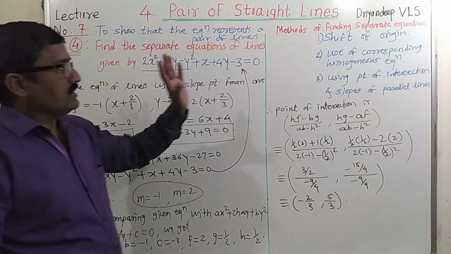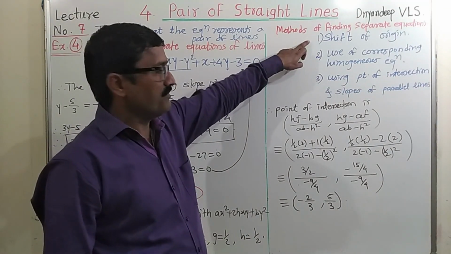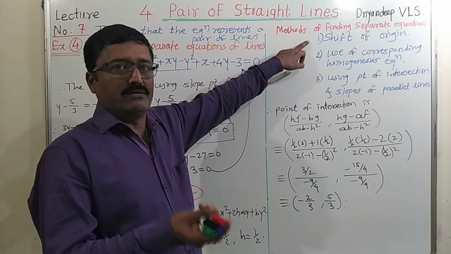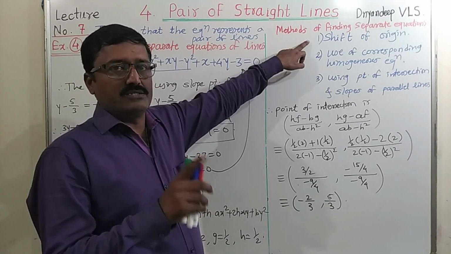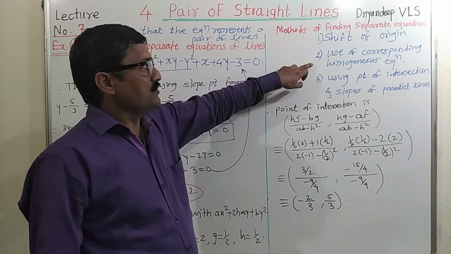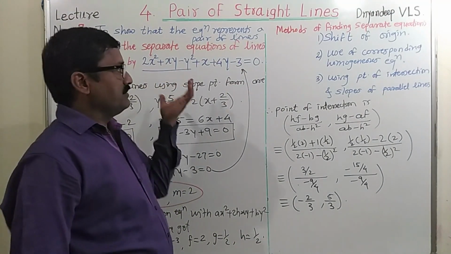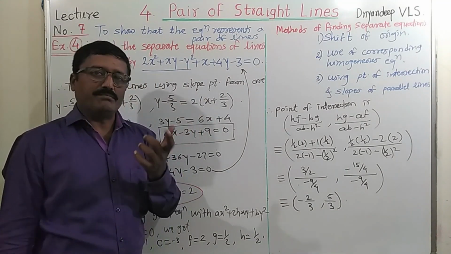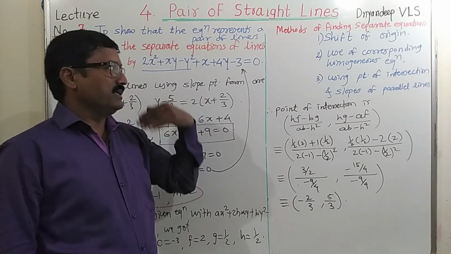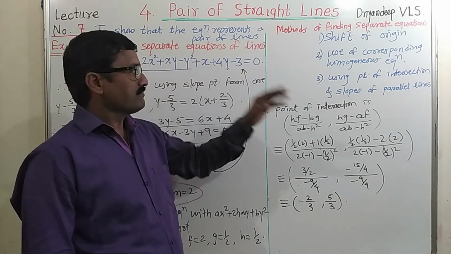Okay, so in this lecture we have three methods of finding separate equations. One is shift of origin. Whenever that particular form of pair of lines not passing through origin is given, then we can use shift of origin. Second, use of corresponding homogeneous equation. Means from homogeneous equation we have found the two lines which are passing through origin, and from that we have written the two lines which are not passing through origin because they are parallel.